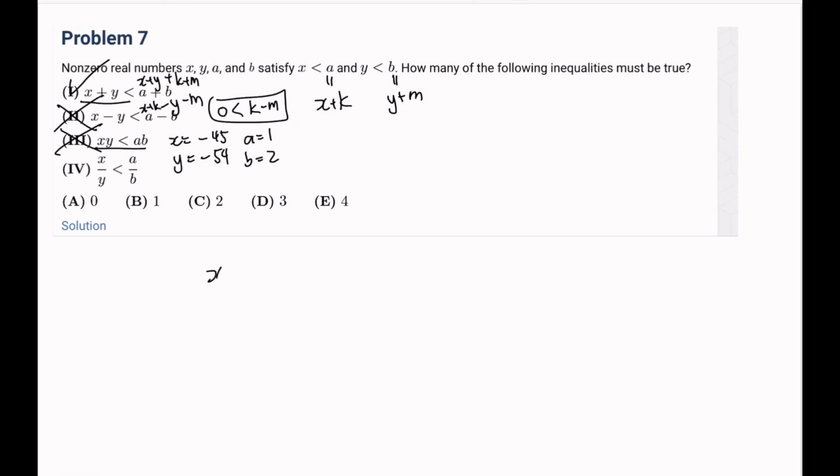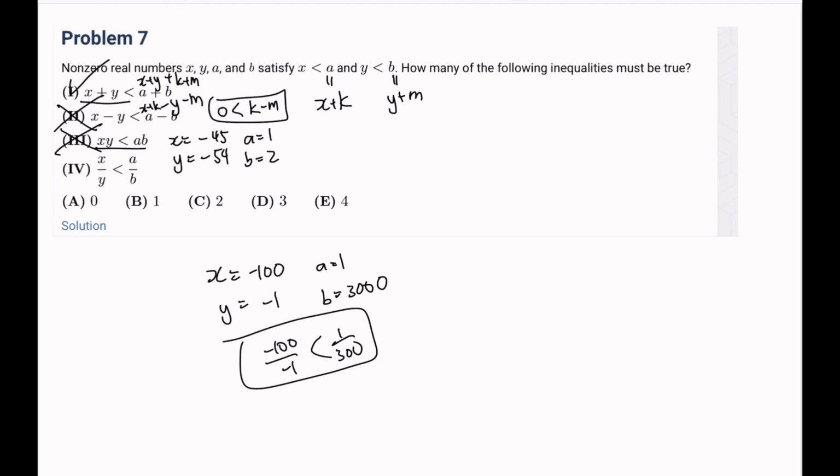Let's say x equals negative 100, a equals 1, y equals negative 1, b equals 3000. Then this would be saying that minus 100 over minus 1 is less than 1 over 3000, and this is definitely not true. So for number 4, we can't say that it always holds true. Therefore the answer is B, because we have only one answer that must be true.